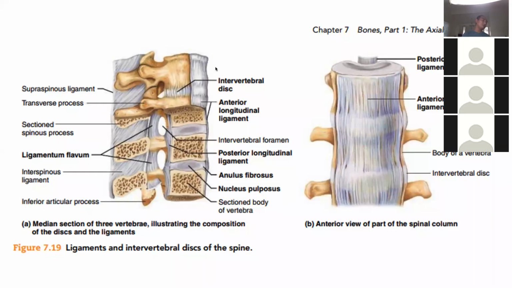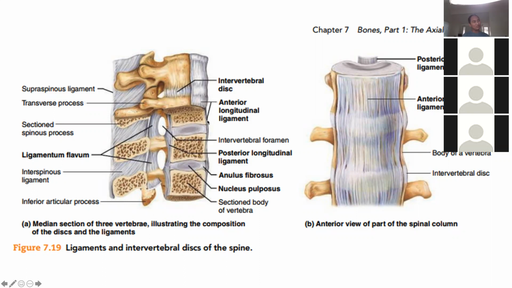So all the vertebra are connected by ligaments at the front of the vertebral body. That is what we call the anterior longitudinal ligament, going along the spine. At the back of the vertebra, going along the spinal column, that's what we call the posterior longitudinal ligament.